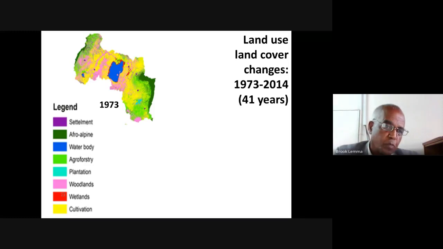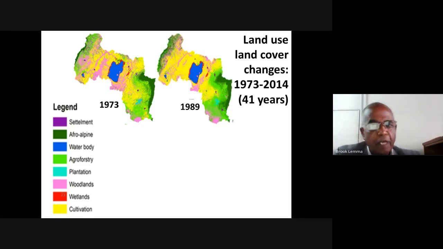Very important are the purple color, the woodland, which is very pronounced in 1973, and the cultivated area, the yellow part. The Afro-alpine forests are at the edges, the eastern Chilalo Mountains and, at the end of the west, the Gurage Mountains, with all other land use patterns in between.